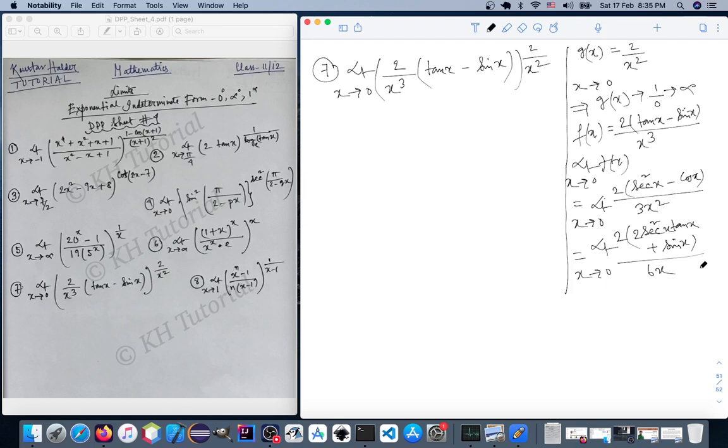If we bring out sin x common, because we have x in the denominator, we get 2 times (2 sec square x times 1 by cos x plus 1) divided by 6x.